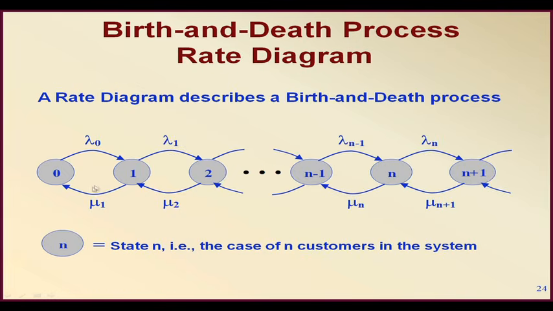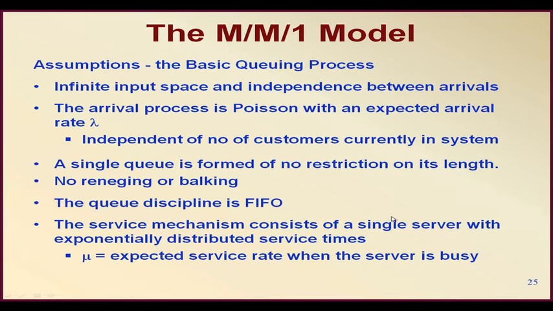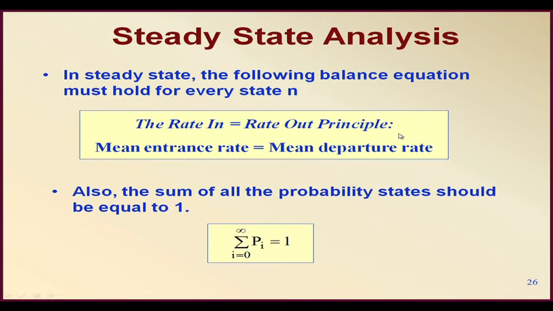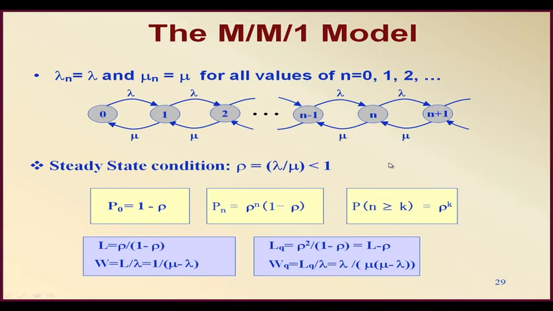In an M/M/1 queuing system, shown by this diagram, from state 0 there is an arrival through this lambda process, and then it can come to state 1. Then if there is a service, it comes back to 0.